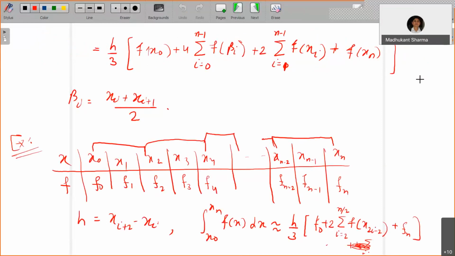So this is the formula when you look at the table, when you don't know the function. So this is how you will proceed.